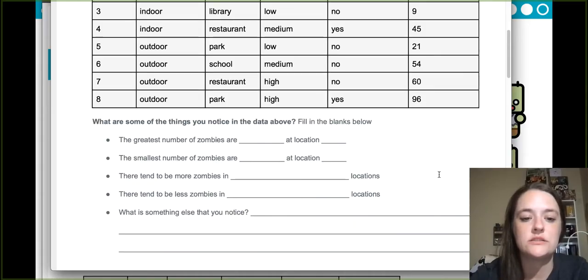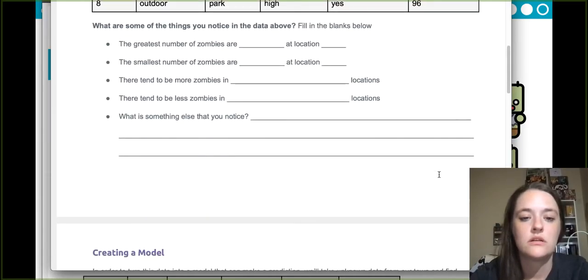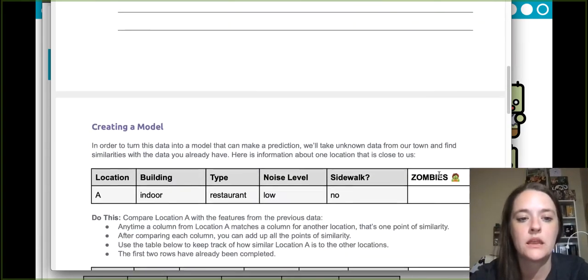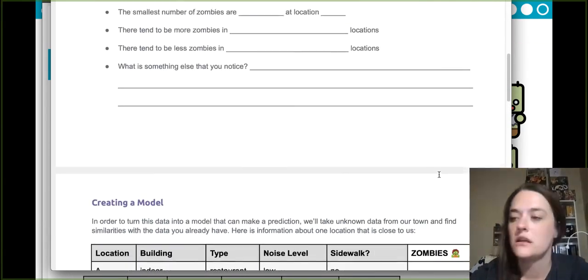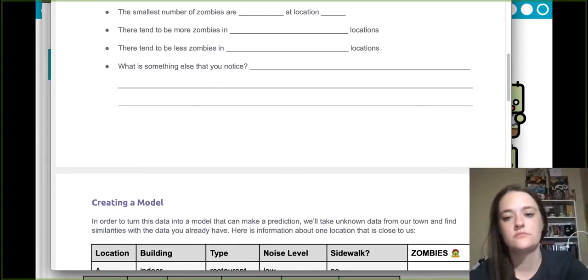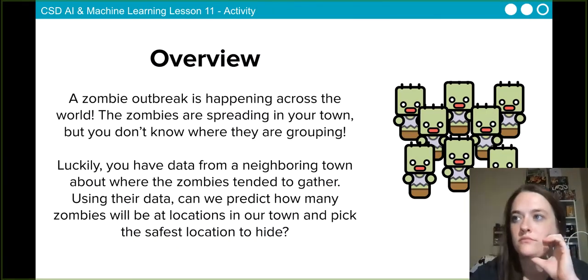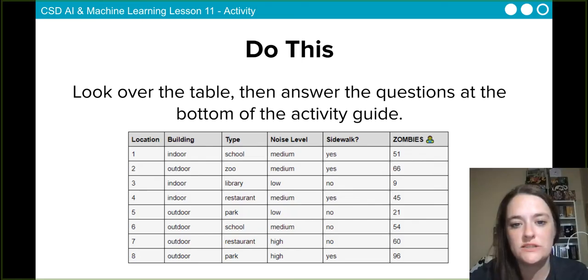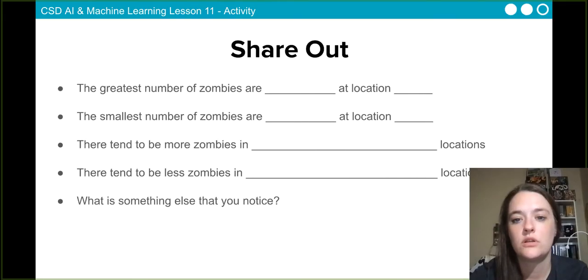Answer these questions while you're looking at the data, okay? Look over the table, then answer the questions at the bottom of the activity guide. We would share out, but we can't. We're not physically together.